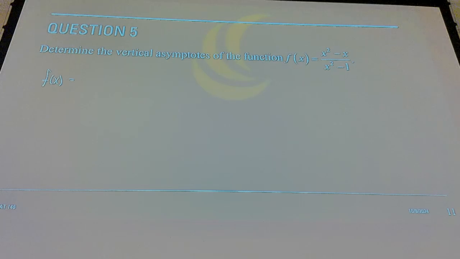Can we factor the numerator? Yeah. How does the numerator factor? How does the denominator factor?